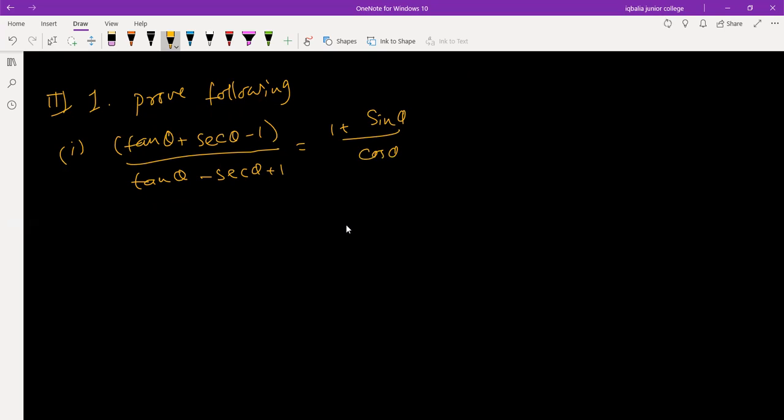So here, boys, we have to prove that left hand side is equal to right hand side.